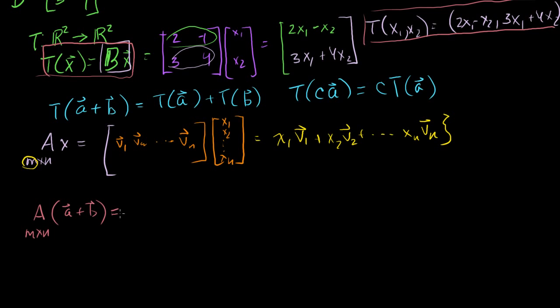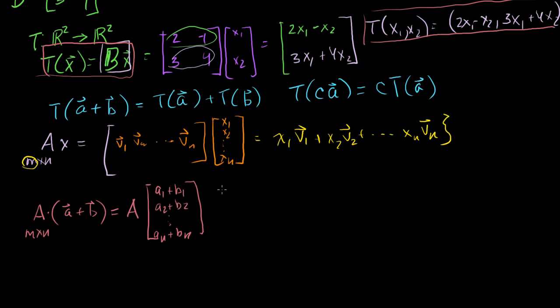I could rewrite this as my matrix A times the vector whose first term is a1 plus b1, second term is a2 plus b2, all the way down to an plus bn. I'm not saying A of a plus b, I'm saying A times, maybe I should put a dot right there. I'm multiplying the matrix, and I want to be careful with my notation. This is the matrix vector multiplication. It's not some type of new matrix dot product.